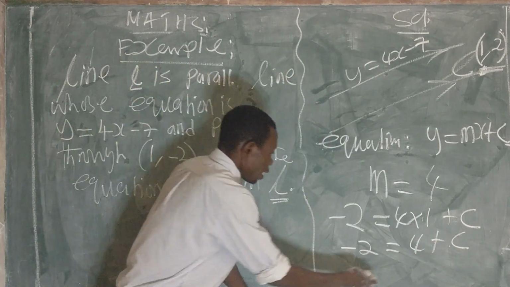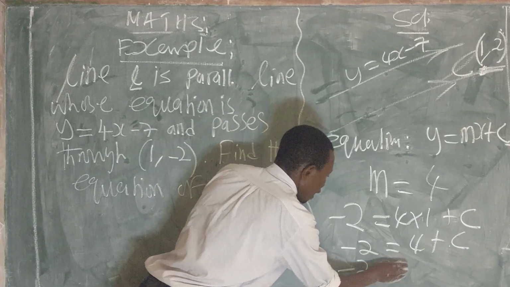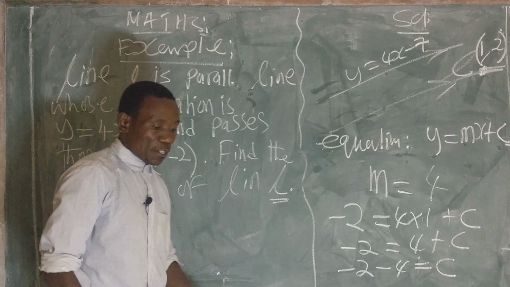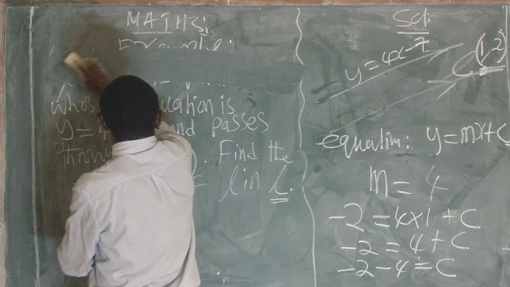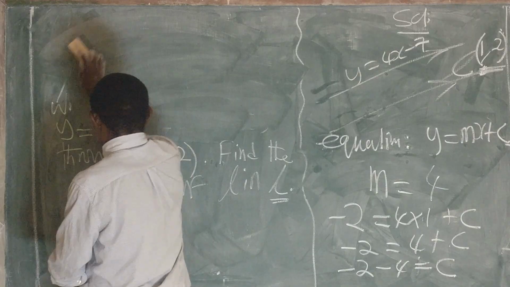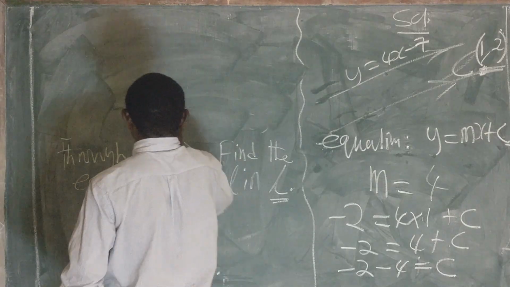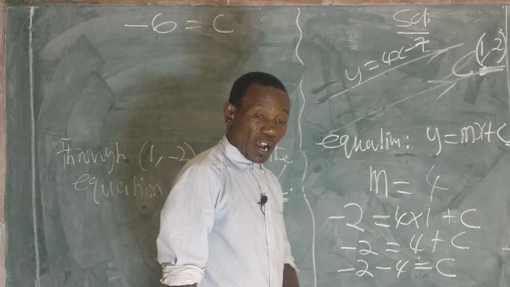Taking like terms together, I take my 4 to the left hand side and I have -2 minus 4, which gives me c. Simplifying, I come up with the value of c as -6, so c is equal to -6. So c has been found.